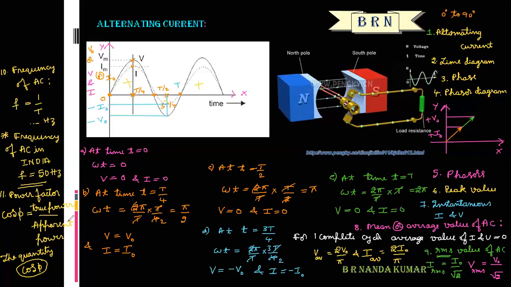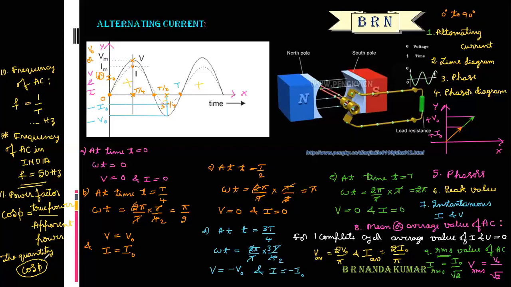Apparent power means the maximum power dissipation rating. The power factor is the ratio of true power to apparent power. Simply, the quantity cos phi is called the power factor.